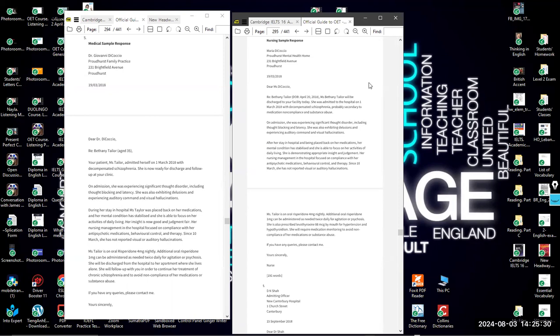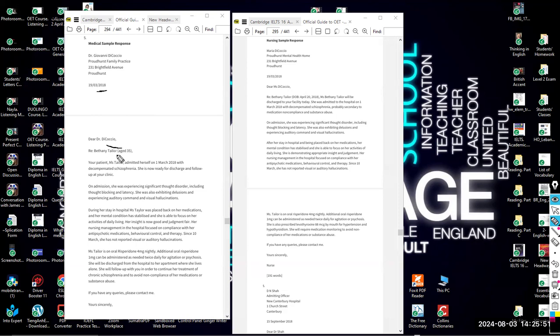Okay, so these are the two letters, but I need to mention something before leaving. If you take a close look at the letters, you will notice that I skipped a line after mentioning the date. After writing the opening statement, I skipped another line.